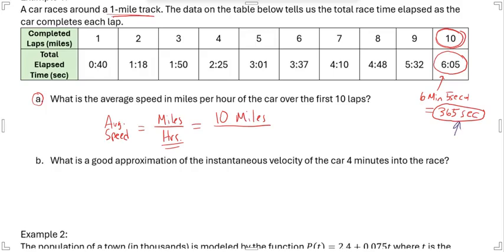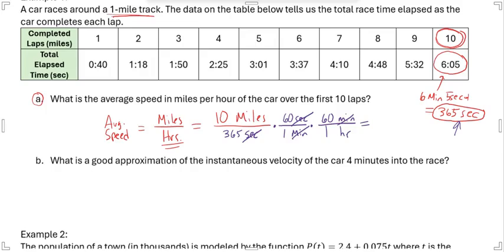So you could just take that number and insert it here. But the problem is we want miles per hour, but we have miles per second. So you just multiply by your conversion factors. There would be 60 seconds in any 1 minute, and that makes seconds go away. And then you know that there are 60 minutes in any 1 hour, and then the minutes go away, and there you would have your grand total answer.